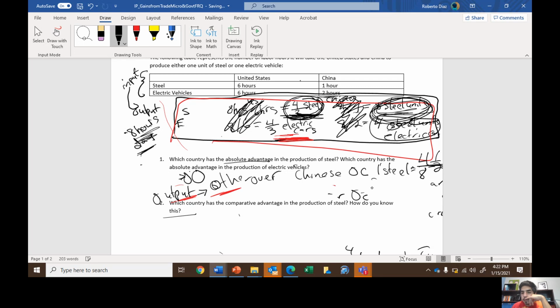And so you find out that the Chinese opportunity cost of producing 1 unit of steel is 1/2 a unit of electric cars. So nice little trick, right?